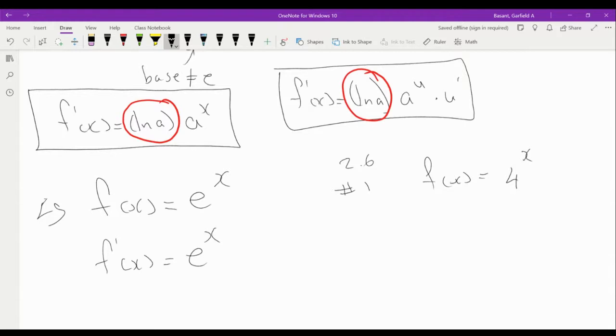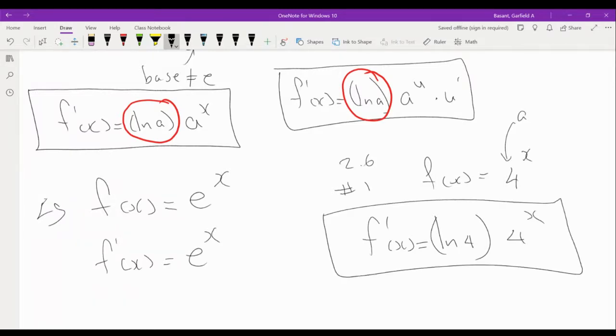What is our base in this problem? Our base is 4, right? Which is our a. So this is how we know which one to use. It's either e or a. If it's not e, then we assume it's a. So because it's a, we have to include the ln of 4, and then we keep the problem, 4 to the x. That's our answer.